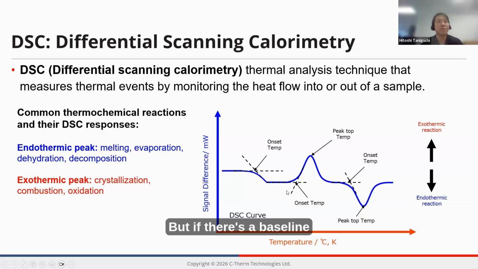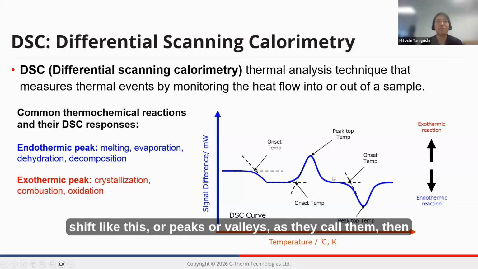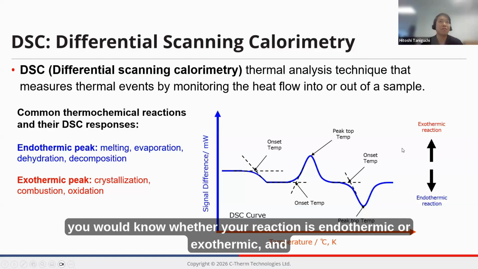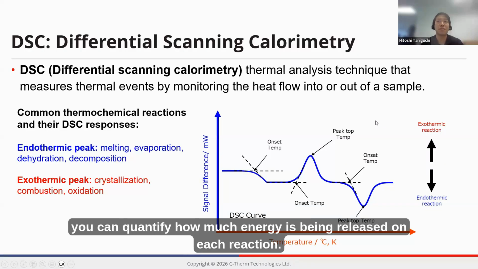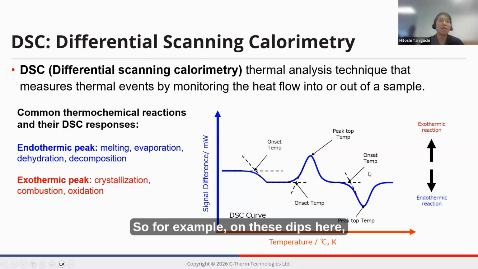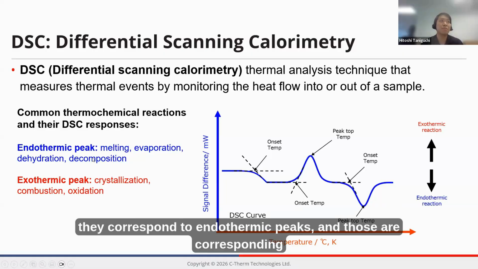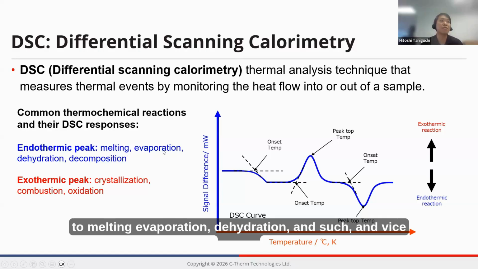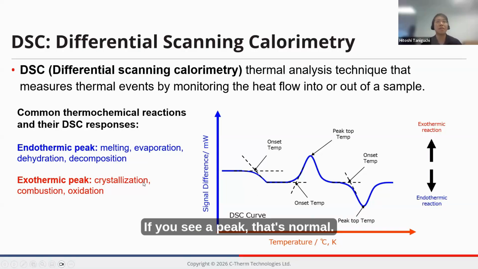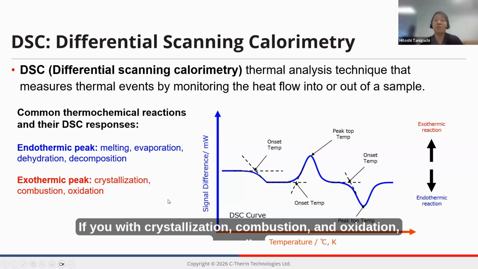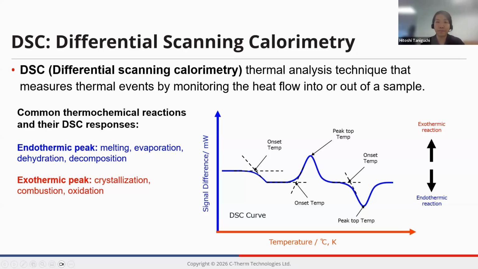But if there's a baseline shift like this, or peaks or valleys, then you would know whether your reaction is endothermic or exothermic, and you can quantify how much energy is being released in each reaction. For example, these dips here correspond to endothermic peaks, such as melting, evaporation, dehydration, and such, and vice versa. If you see a peak, that's usually associated with crystallization, combustion, and oxidation.